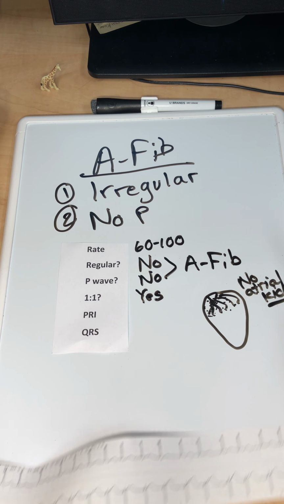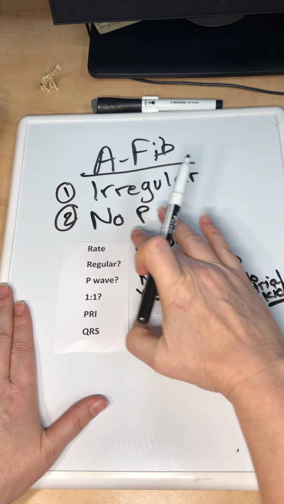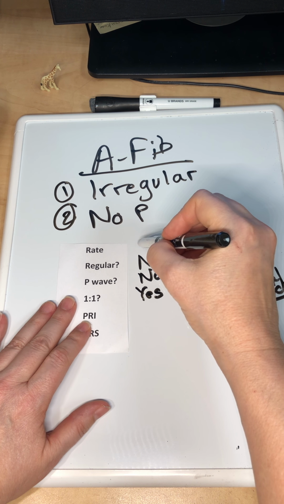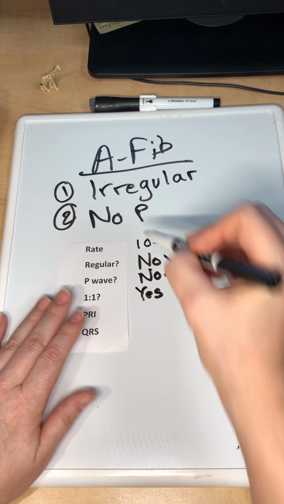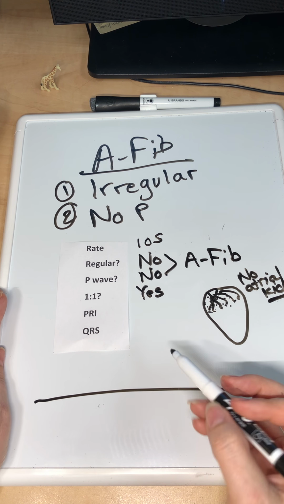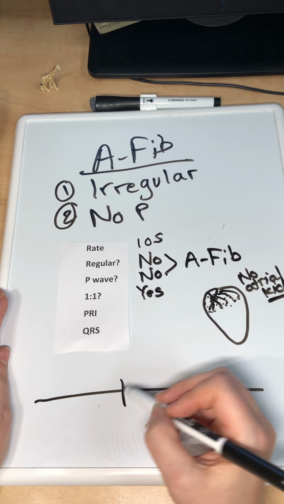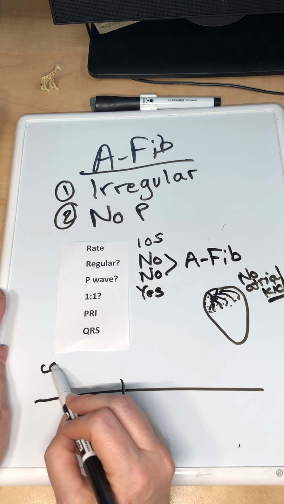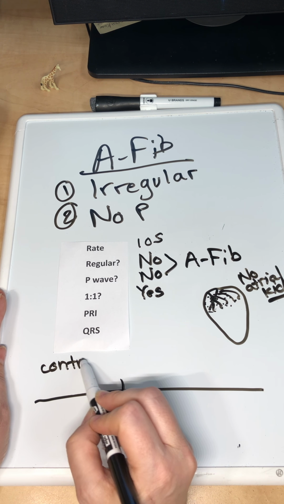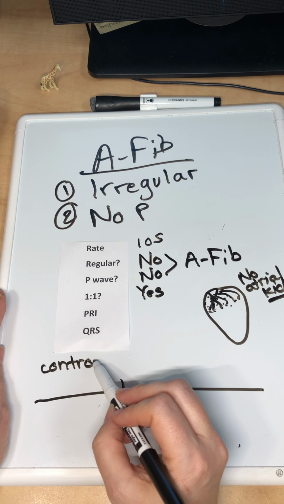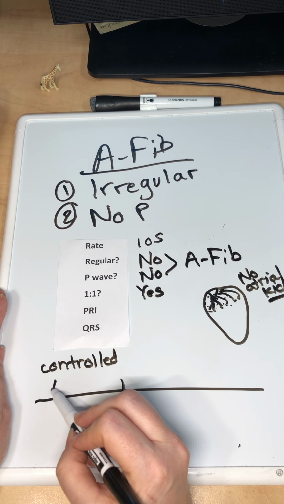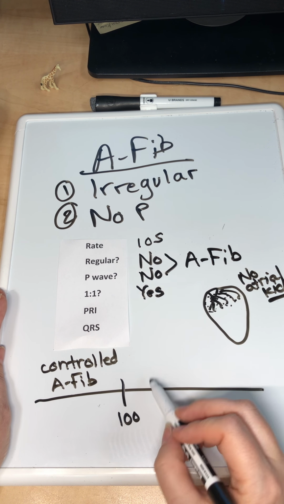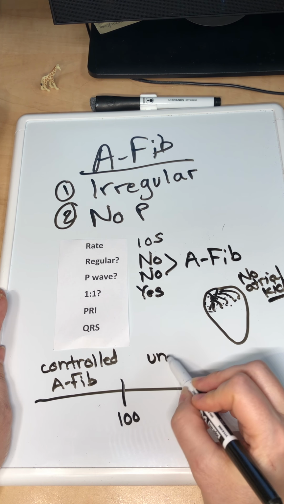So let's say the heart rate would be 105. Okay, so here's the AFib diagram relative to heart rate. Controlled AFib is less than 100. But this is more than 100, this is 105, so this becomes uncontrolled AFib.